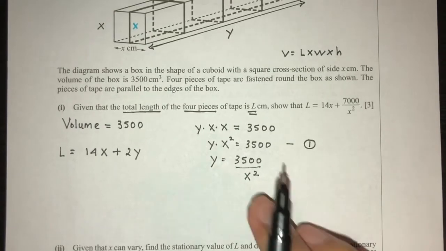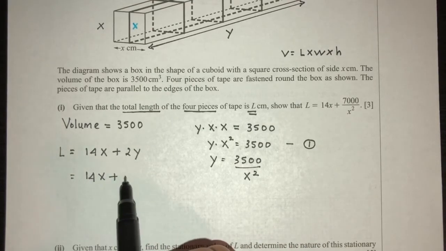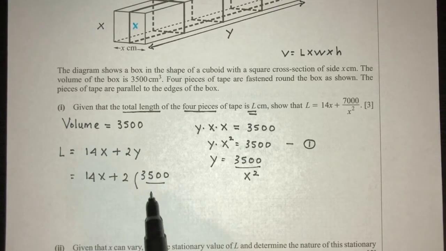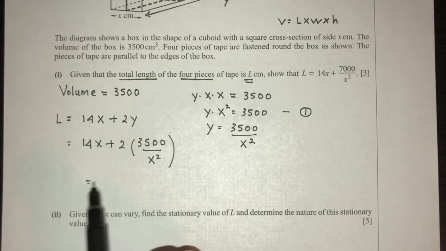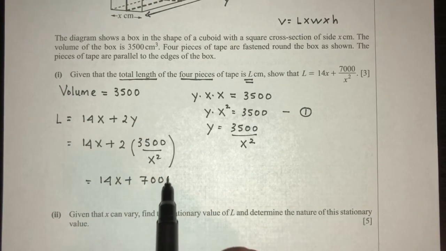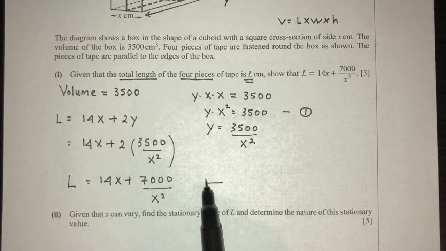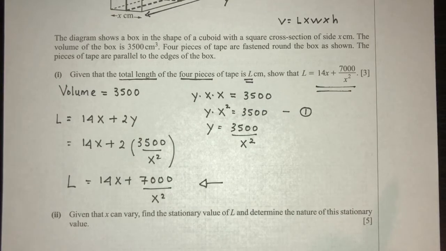Replace it back now, you will have 14x plus 2 times y. So that will give you 14x plus 7,000 over x squared. That is your value for L. And this is shown as required. Okay, that is for part 1.